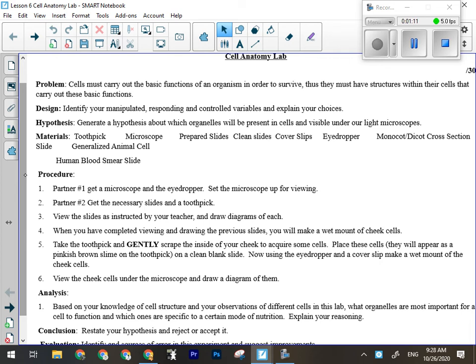So the whole purpose of this lab is to see if there are common structures between all of the cells we're going to view. The idea we're working on here has to do with the second point of the cell theory. It's in the problem. Cells have to carry out the basic functions of an organism.